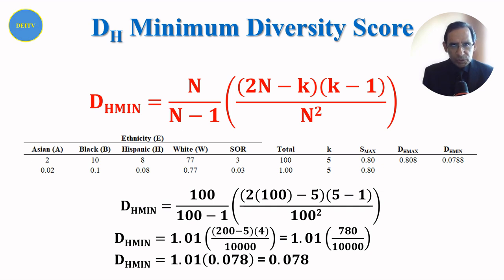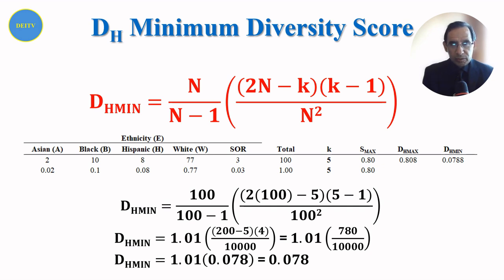The first term is 2 times the total number of individuals, capital N, minus the number of categories in the organization, or the categories that are used to classify individuals. So the first term of the numerator is 2 times capital N minus K. The second term of the numerator is the number of categories minus 1, so that's K minus 1.